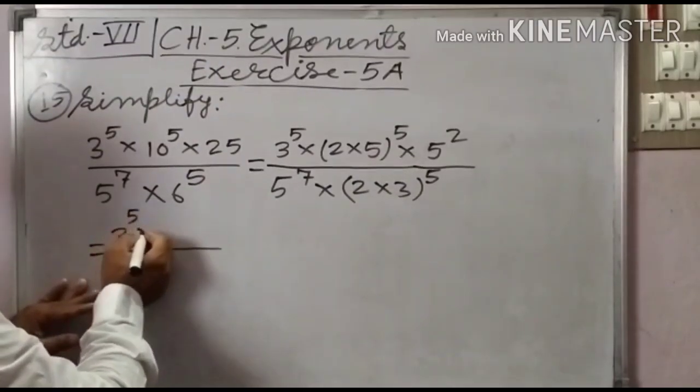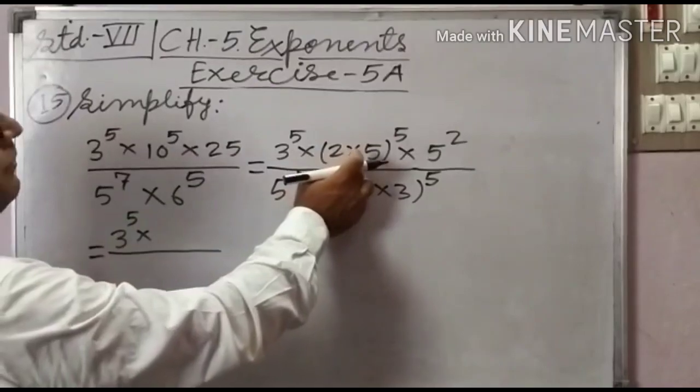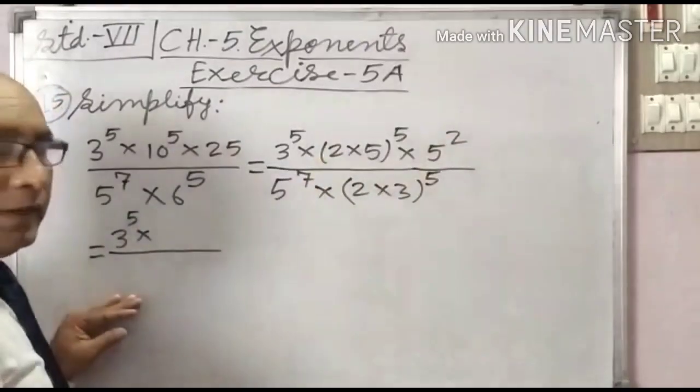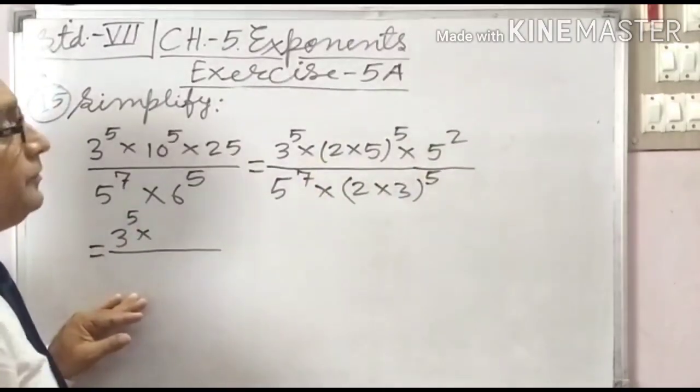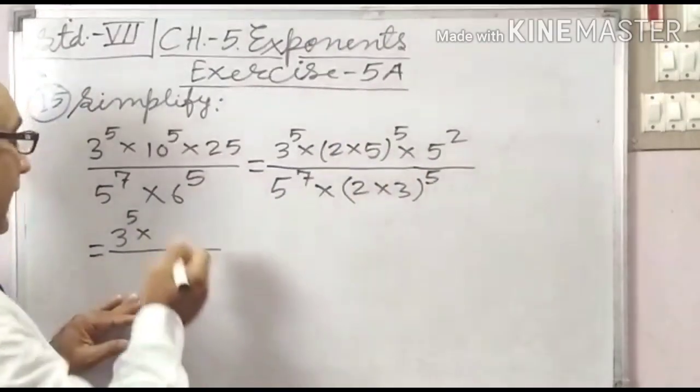3 to the power 5 into a by b to the power m. That means a to the power m into b to the power m.